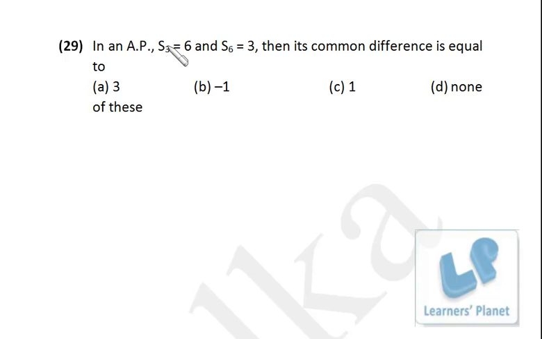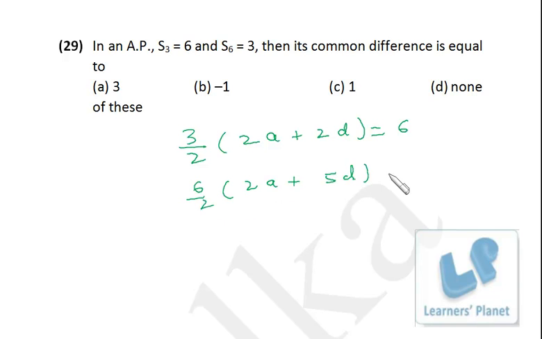So the sum of the first 3 terms: 3 by 2, 2a plus (n minus 1)d, that is 2a plus 2d, is equal to 6, right? Then the sum of the first 6 terms: 6 by 2, 2a plus 5d is equal to 3.